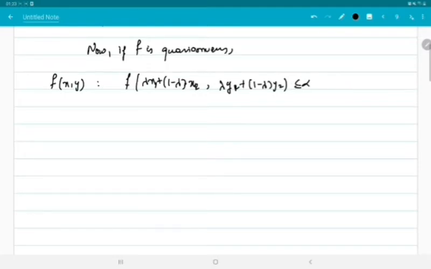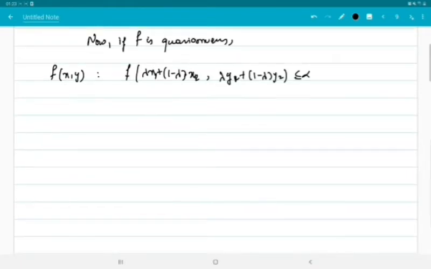So if (x1, y1) and (x2, y2) satisfy this condition, then the combination also satisfies this condition. So there exists a y in C.